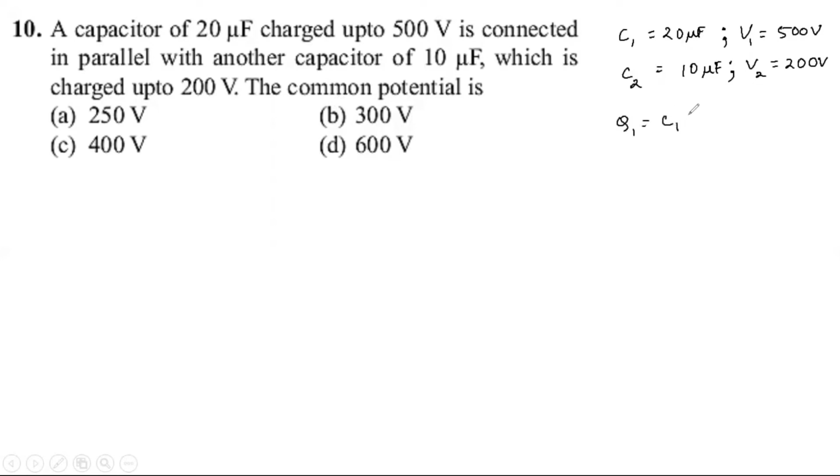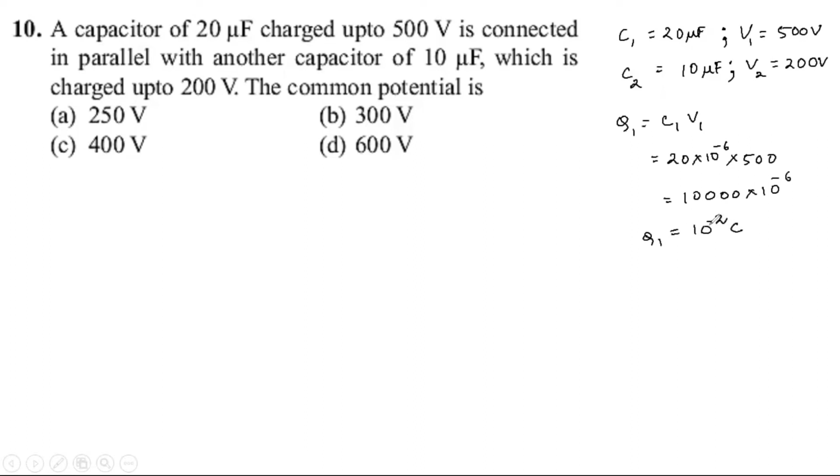Q1 is C1 V1, so it is 20 microfarad, 20 into 10 to the power minus 6, multiplied by the potential 500. So Q1 is 10 to the power minus 2 coulomb.